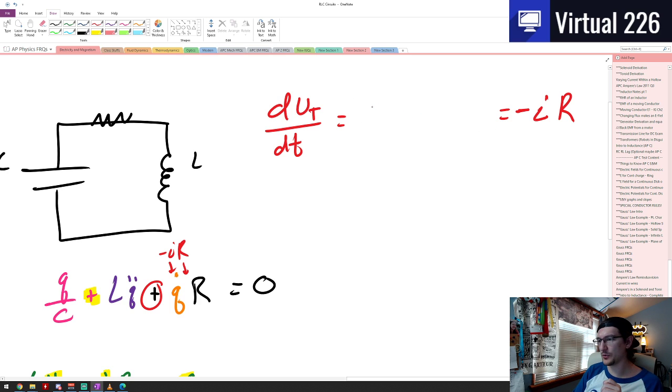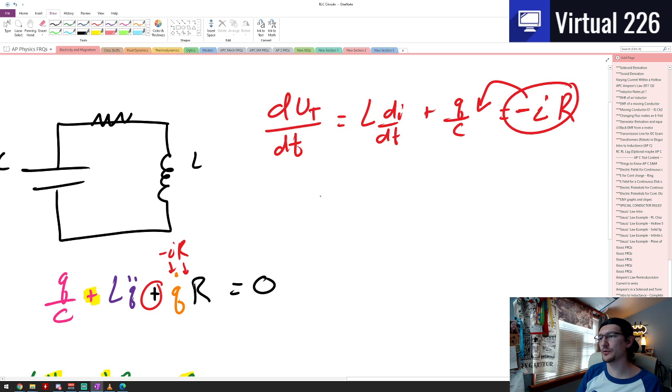That also has to be equal to L di dt plus the Q over C. So this actually gets added in there, and that's why you get a positive there. So that's what's going on in this case as we're going through this.